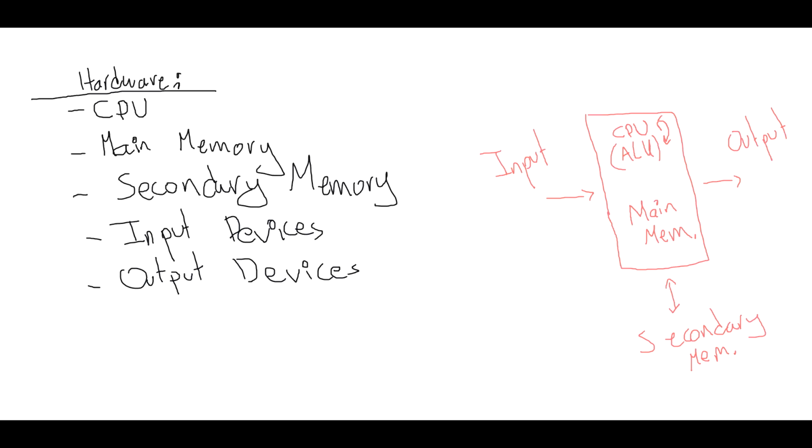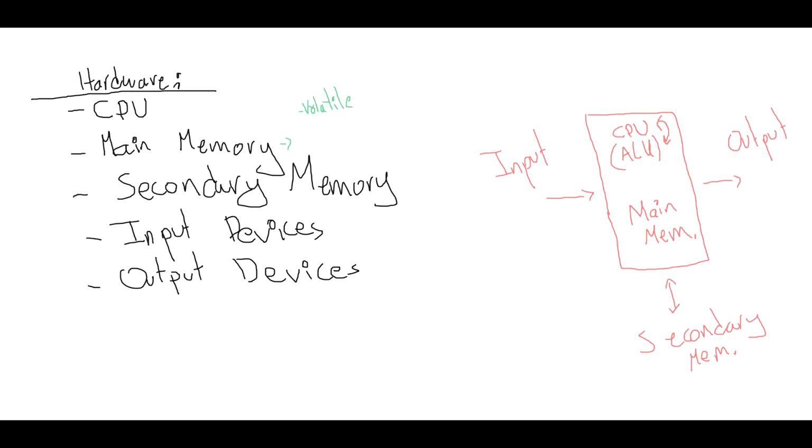The characteristics of main memory: first, it is volatile. Volatile means it loses its data. Everything stored in that memory will be lost if the electricity is gone. So the main memory is erased when the program is terminated or when the computer is turned off.